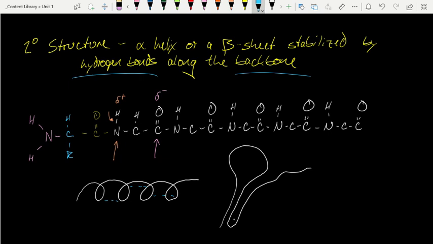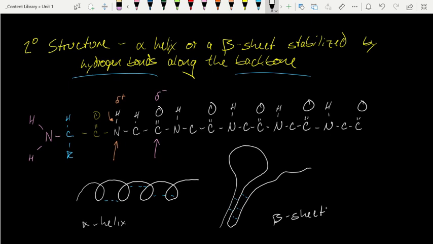Same idea, where hydrogen bonds between these strands as they run parallel or anti-parallel to each other stabilize that specific structure. So here we have the alpha helix. Here we have the beta sheet. These are the two secondary structures stabilized by hydrogen bonds.